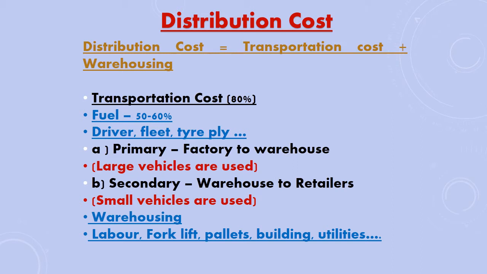There are two types of transportation cost. One is primary, and second one is secondary cost. So what is primary cost? Primary cost is basically the cost which is incurring from factory to warehouse. If you are going to distribute any finished goods from factory to warehouse or distribution centers, you would need large vehicles.